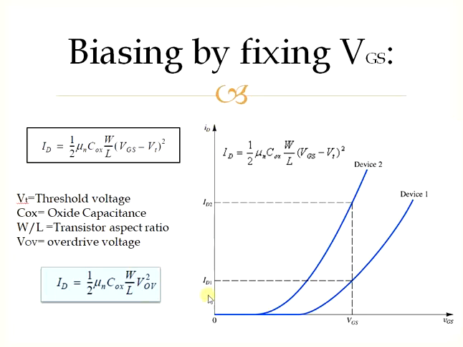If you observe the ID versus VGS characteristics, it is evident that for a fixed value of VGS, the resultant change in the drain current can be different for two different devices. That is why we consider this approach of biasing by fixing VGS not to be a very good approach.